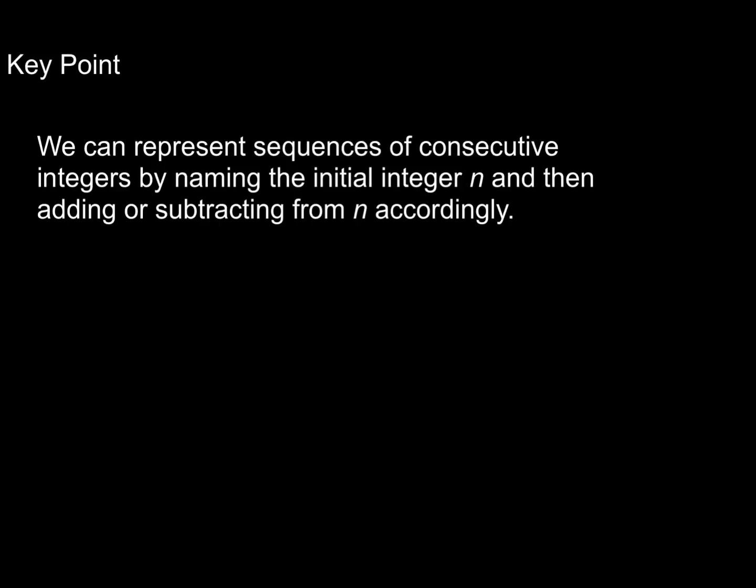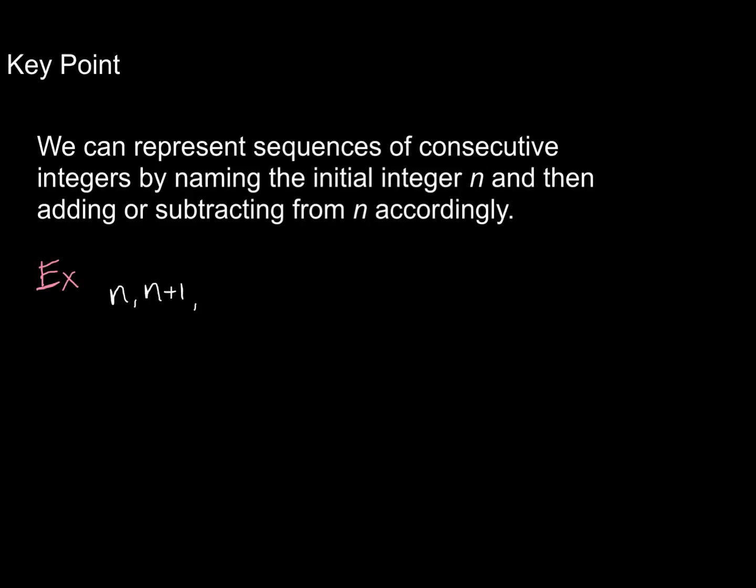So here's the key point. We can represent sequences of consecutive integers by naming the initial integer n and then adding or subtracting from n accordingly. So as an example, and I think this is a very constructive example, let's say I start with an integer n and I want to go to the next integer. Well, the next integer will be n plus 1.